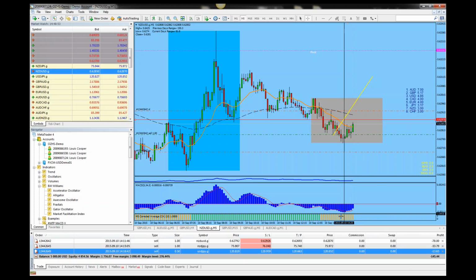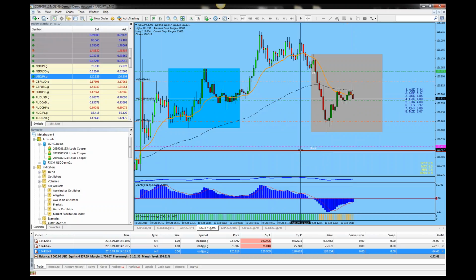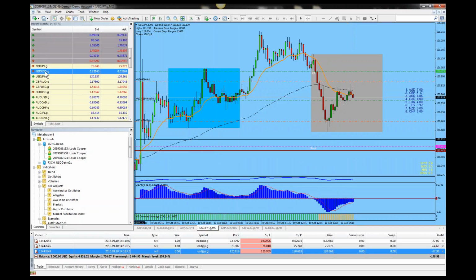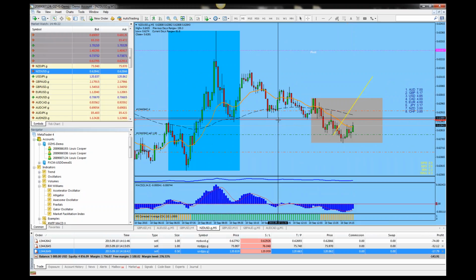Yeah, that price trap on UJ is about 20 pips odd, isn't it? Oh, this candle. That's the one you're looking at? Let's go back to New Zealand yen.